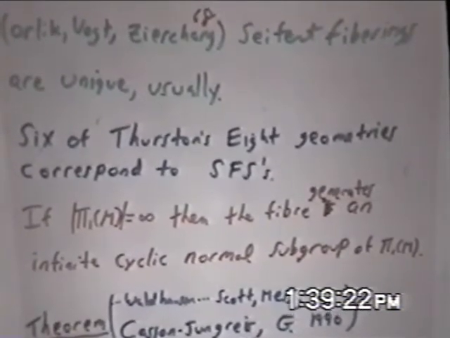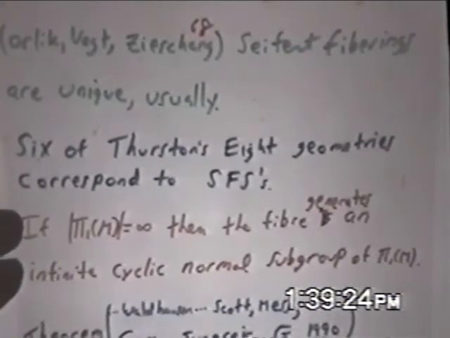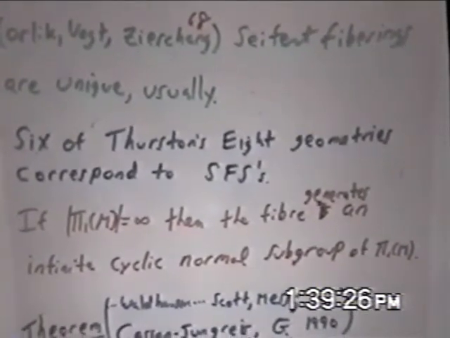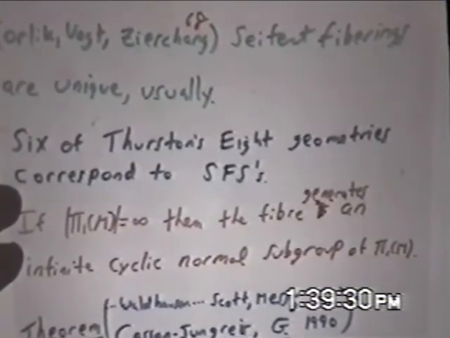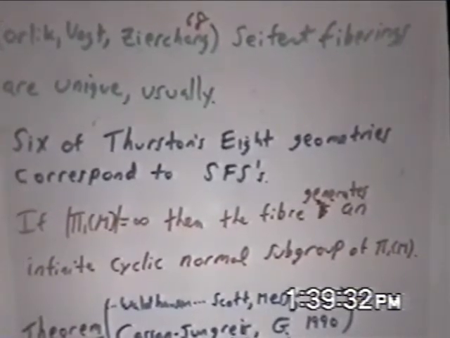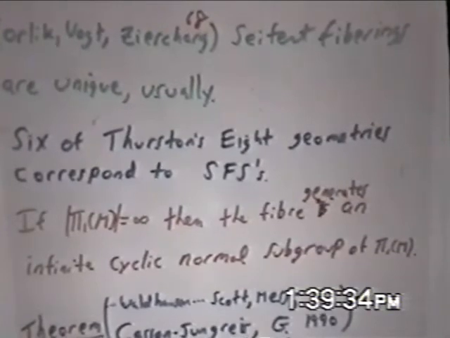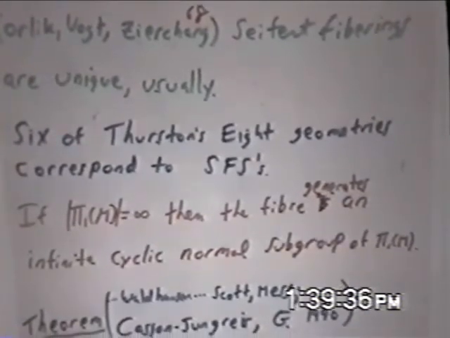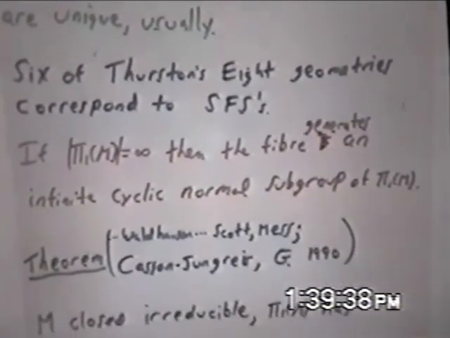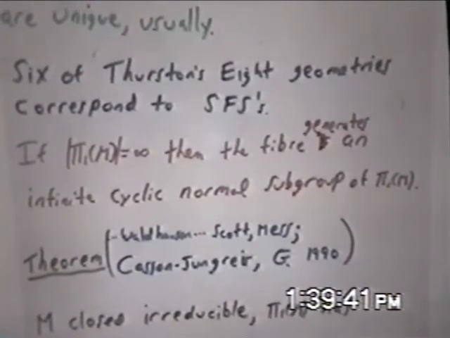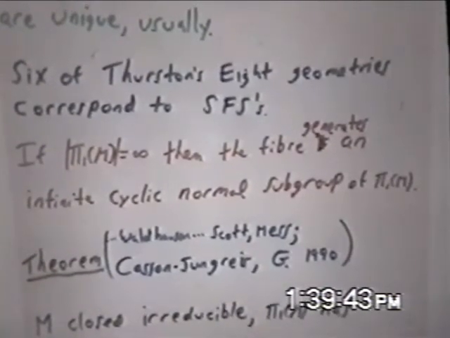So anyway, here's another little fact: cyclic fibered spaces, if they have infinite fundamental group, then the fiber itself represents, at the level of fundamental group, a Z subgroup, which is normal.